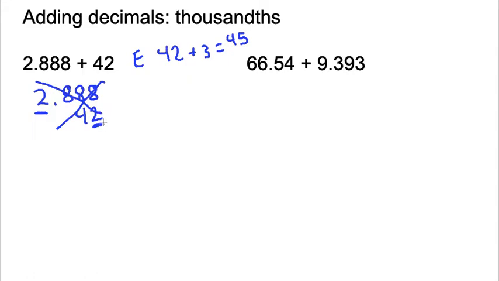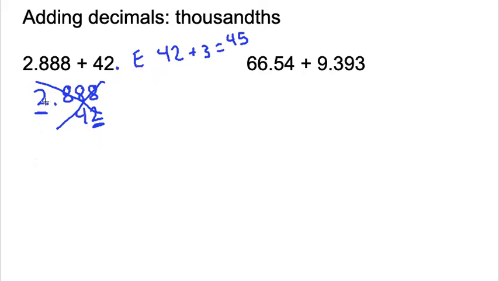Whenever we are adding, we need to line up the decimals. If there's no decimal, in this case we have a whole number, we can always put a decimal after it. Then we can add more zeros after that to have the same place value.